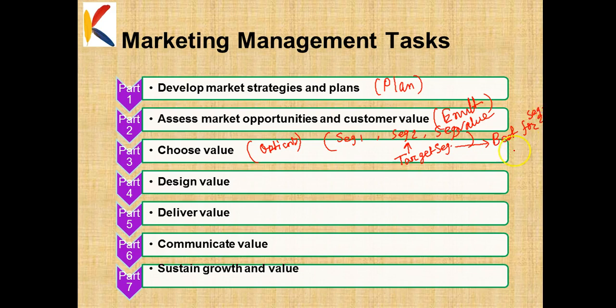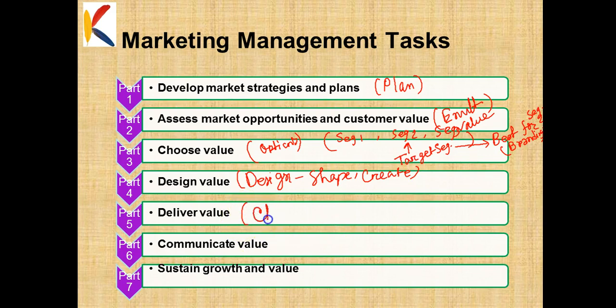So we want to make sure that, and when we are doing this, we are doing a lot of branding so that we are clearly identifiable from others. And when we finish it, during this time, we also need to design the value. By designing, we mean we shape the value, we create it according to the needs and requirements of the customers, and then we deliver it.